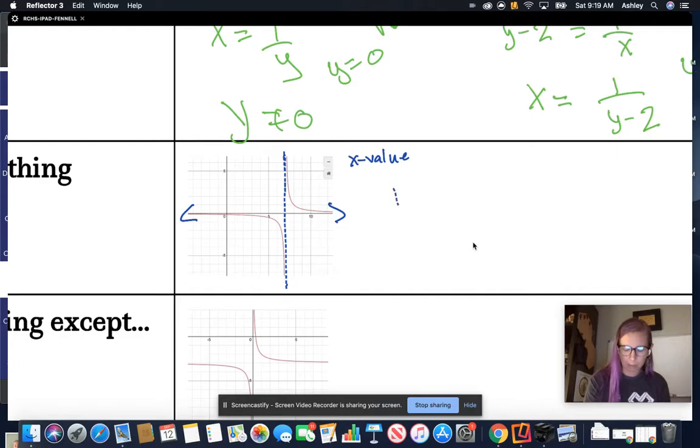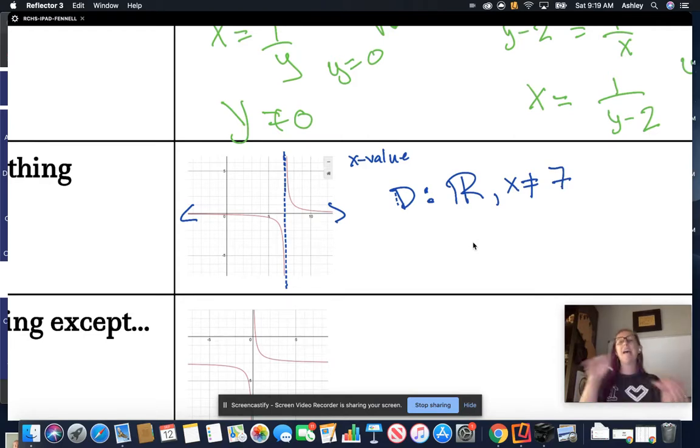So the domain would be all real numbers, because it's absolutely everything, except the one exception, which would be x is not allowed to equal wherever that asymptote is. In this case, it looks to be on 7. So x cannot equal 7. So basically what we're saying is everything, oh wait, but there's one little teeny exception that we need to note for you.